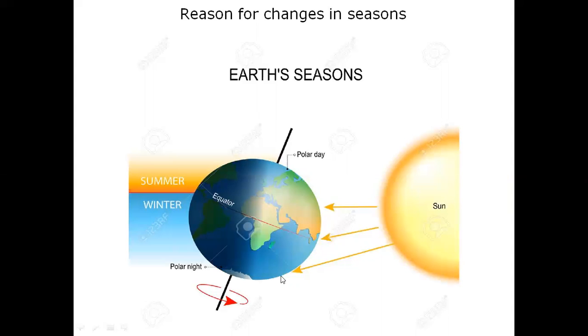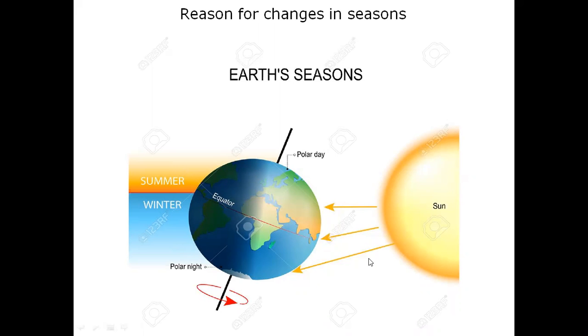The equator divides the Earth into 2 hemispheres. The upper hemisphere is known as the Northern Hemisphere, and the lower hemisphere is known as the Southern Hemisphere. The Southern Hemisphere consists of some parts of South America, Africa, and Australia.